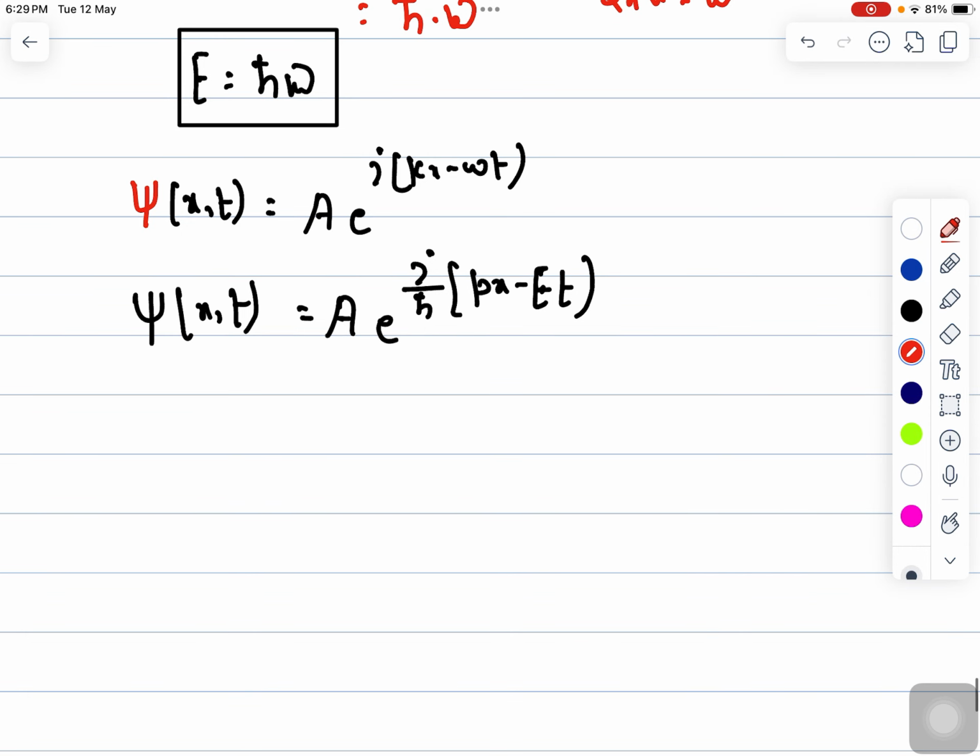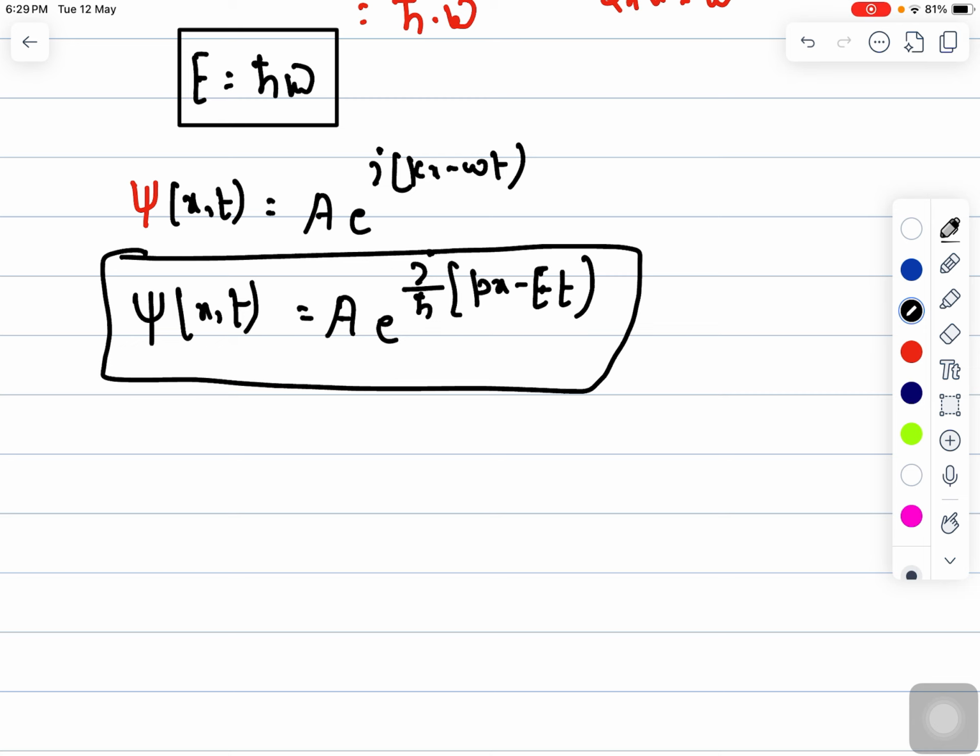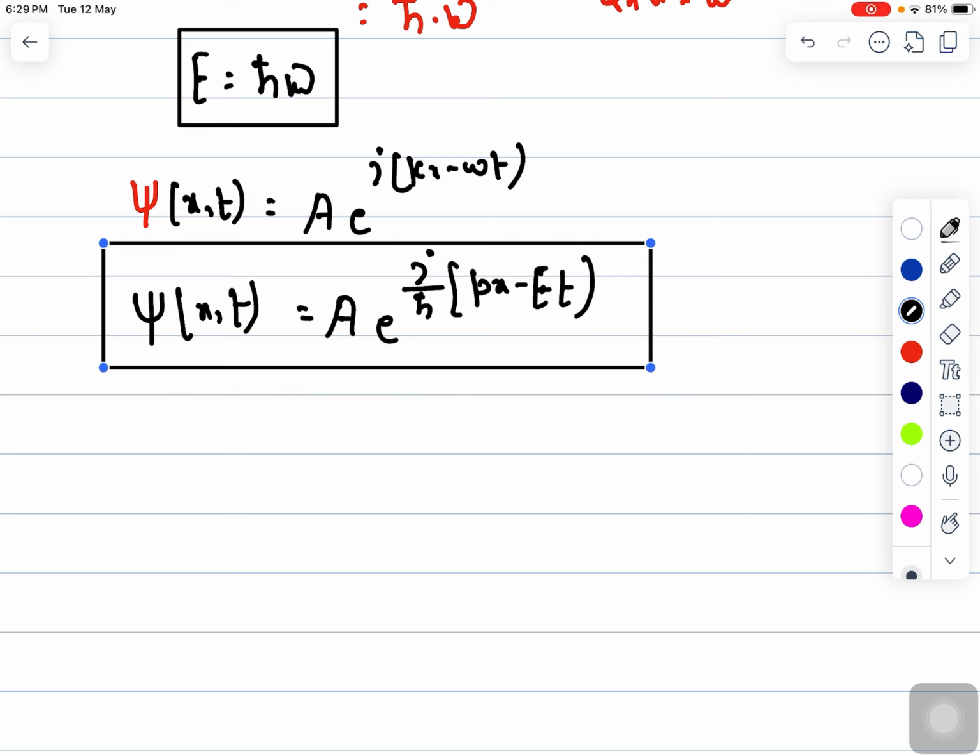This is the wave for quantum particles, where the momentum is p and the energy is E. This is the wave equation for the quantum particle. This is a very important thing that we should understand.